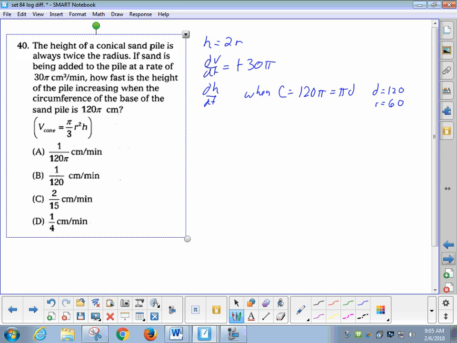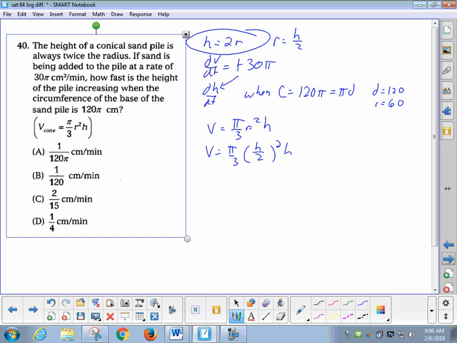Are you with me? You do not differentiate with respect to three variables if you can help it. The first thing you should have done is use that fact to substitute and get it down to 2. You want dh/dt, so you probably want h to stay. You're going to want to sub in for r. So what is r? It's half the height.